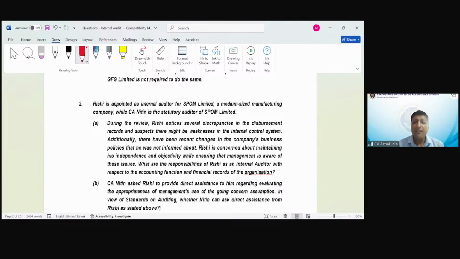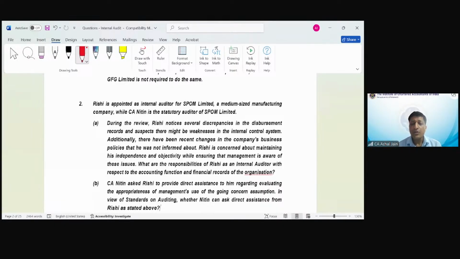Additionally, there have been recent changes in the company's business policies that he was not informed about. Rishi is concerned about maintaining his independence and objectivity while ensuring that management is aware of these issues.